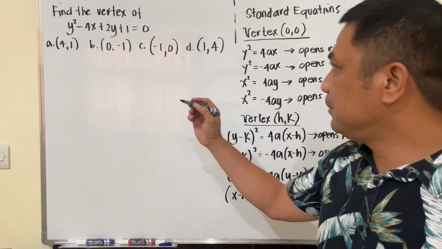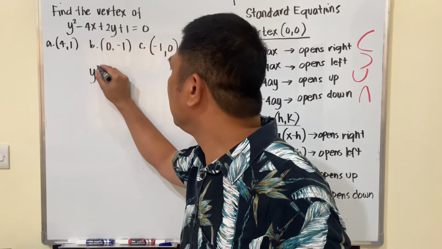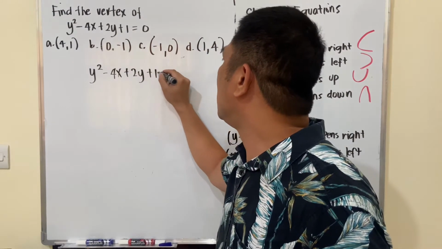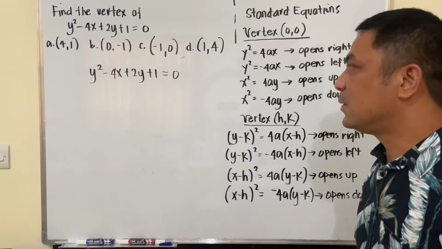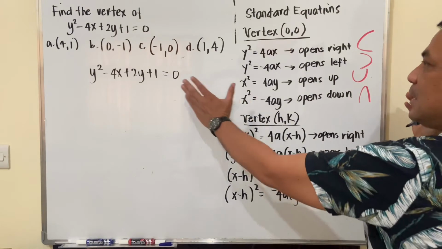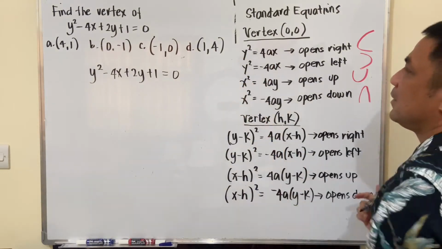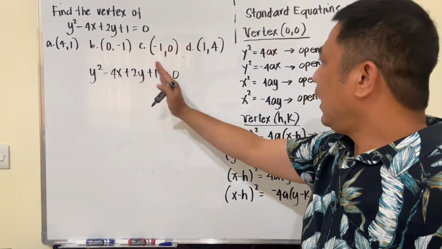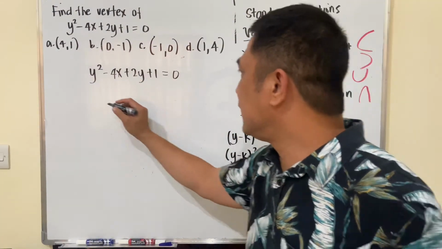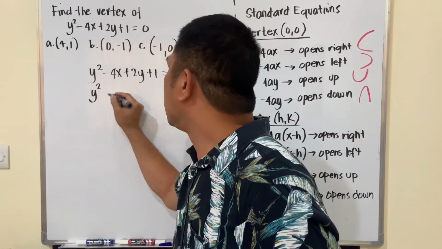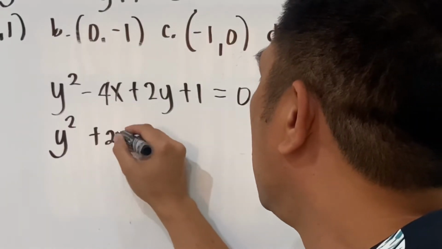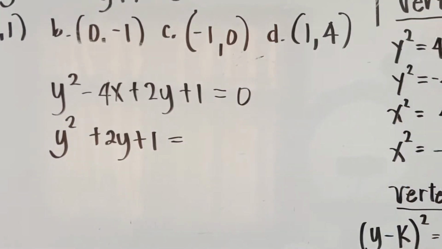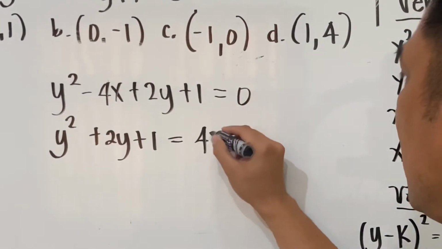So y squared minus 4x plus 2y plus 1 is equal to 0. Let's transform this equation into this form, with all the y terms on one side and x on the other side. So y squared plus 2y plus 1 is equal to, if you transfer 4x to the other side, it will be positive.